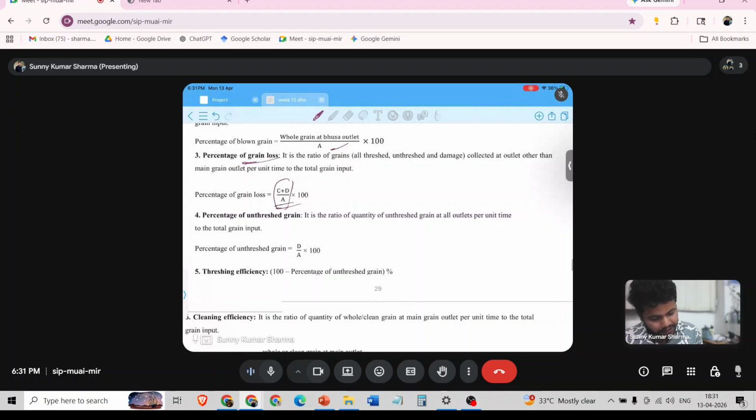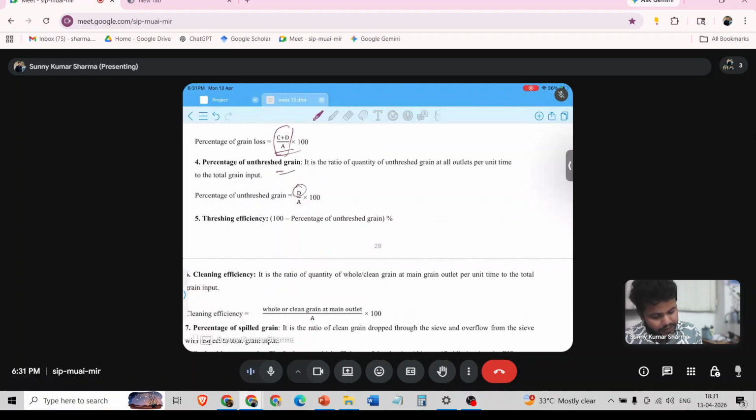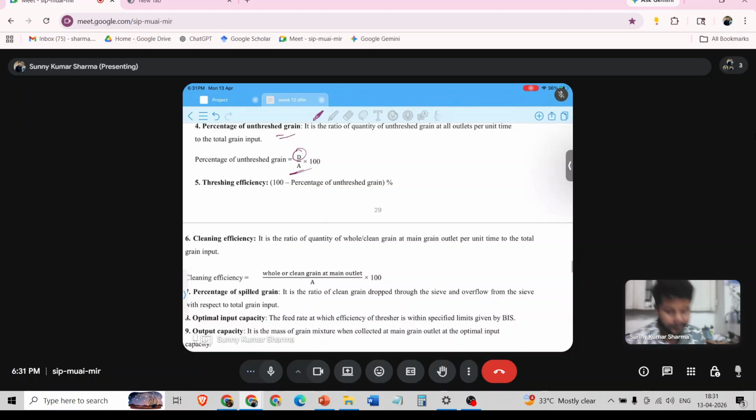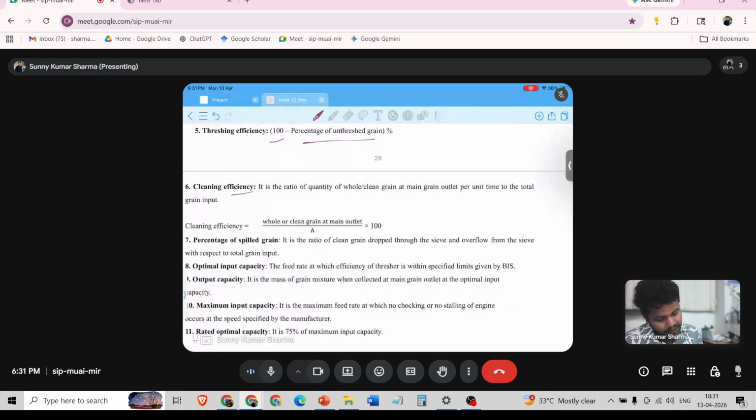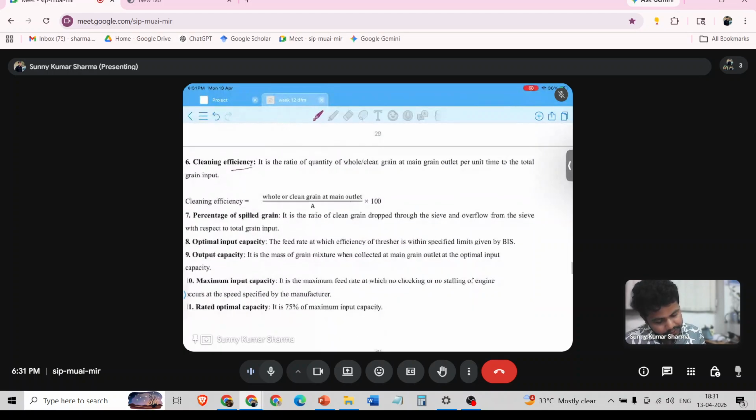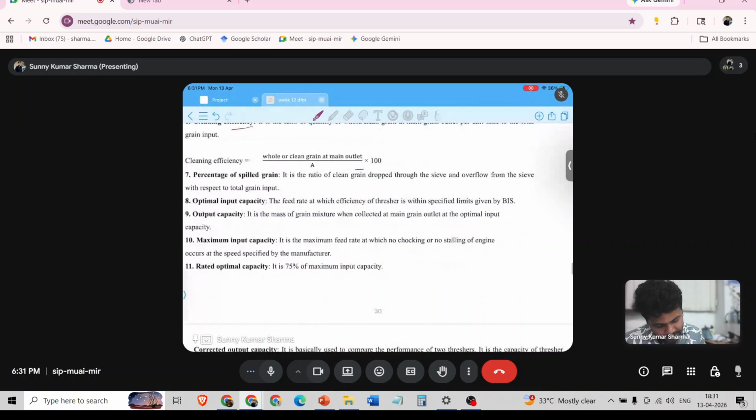Percentage of unthreshed grain will be amount of unthreshed grain by total amount of grain. Threshing efficiency will be 100 minus unthreshed grain percentage. Similarly, cleaning efficiency is whole grain or clean grain at main outlet by A. Percentage of spilled grain, optimal input capacity, output capacity, these are theoretical terms you can see.